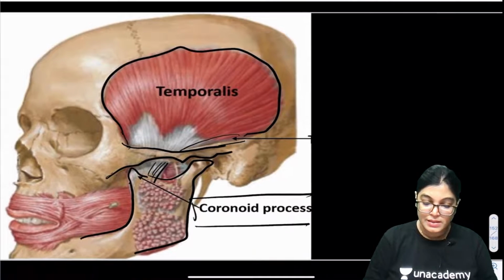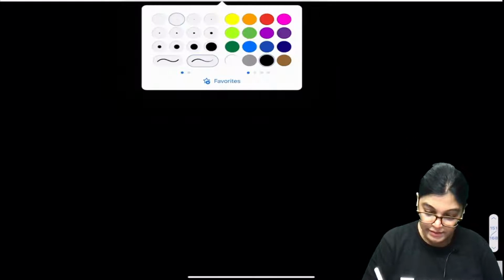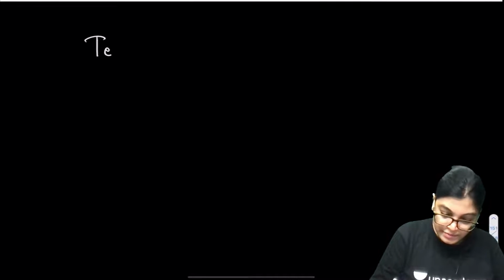Okay, so let's write the details of it. Temporalis muscle.